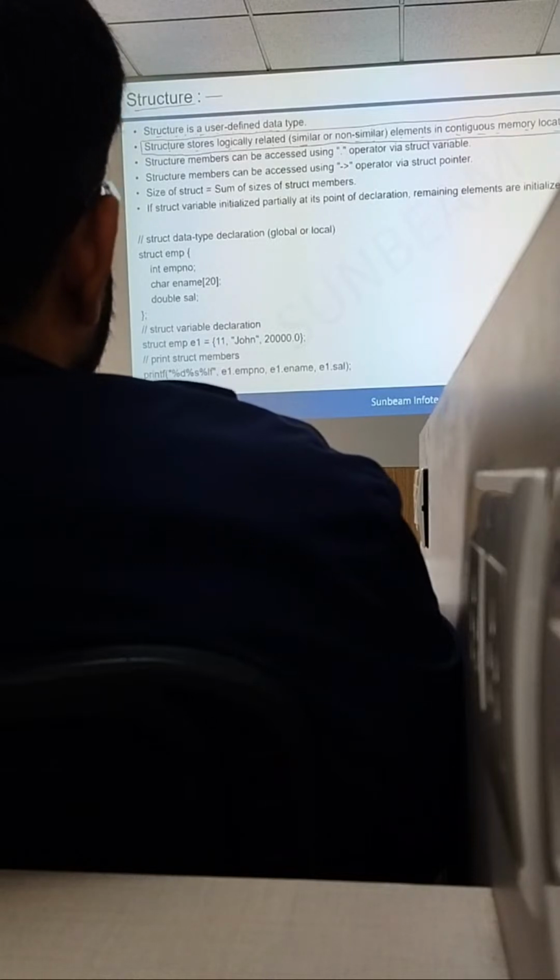So I want you to note down this point. This point is very much important from the perspective of the concept of a structure, which is structure stores logically related, that is relevant, logically related, similar, these two points are important to write, similar as well as non-similar elements in contiguous memory location.